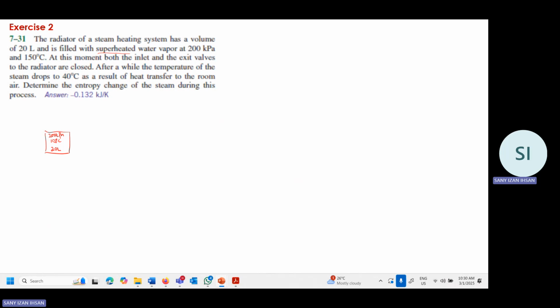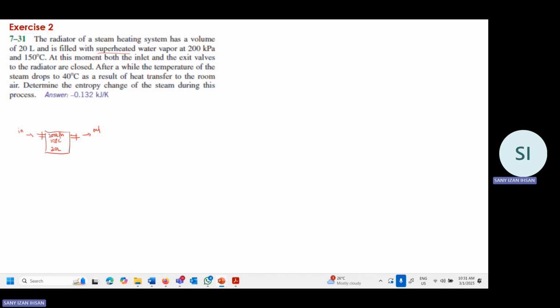We're going to have the working fluid coming in and going out from the system, in and out. But at this particular instant, both valves are closed, so there is no flow in and no flow out from the system. So we can consider this as a fixed or rigid body.